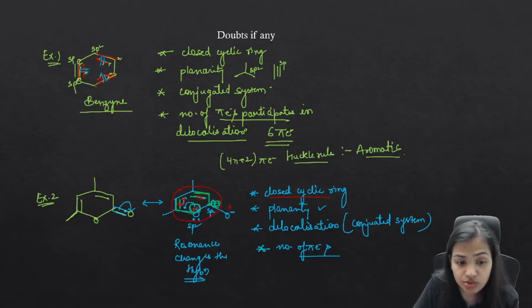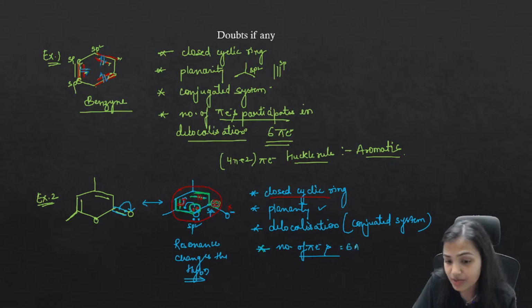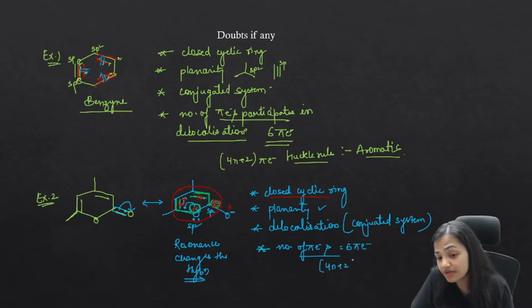So 2, 2 and 2, that is 6. Over this positive charge, do we have any electron? No, we don't have any electron. So ultimately the total number of electrons participating in conjugation is 6 pi electrons. And since they are 6 in number, this obeys the 4n plus 2 pi electron rule. Ultimately this is said to be aromatic in nature.